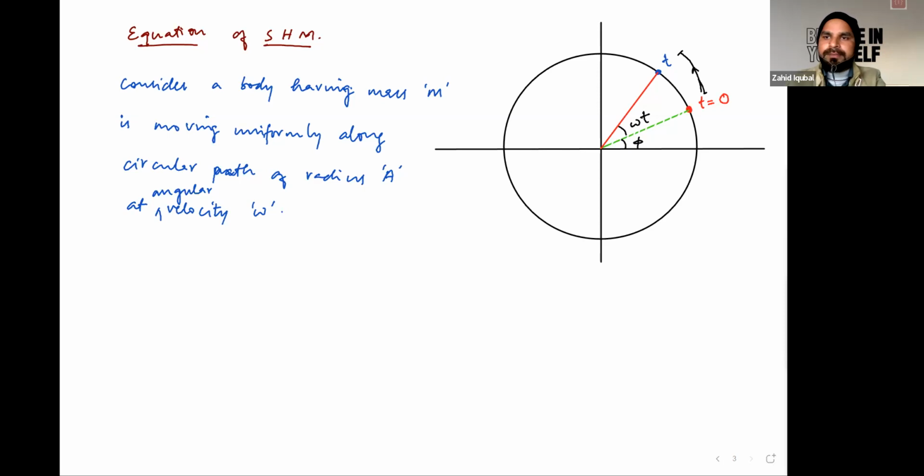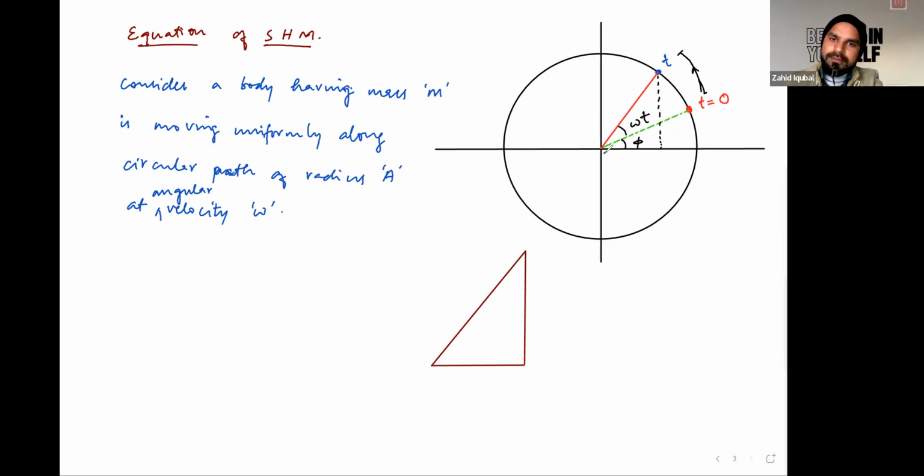So for this part, I've taken the vertical projection from this point to this point.